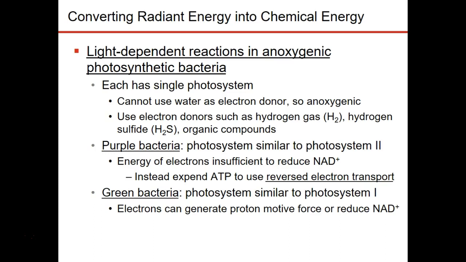But because these other molecules are harder to split, they need more energy. And so they're just going to use the single photosystem to produce as much energy as they can to split the molecule, and then they're going to use the hydrogens and the energy to produce their own carbohydrates.